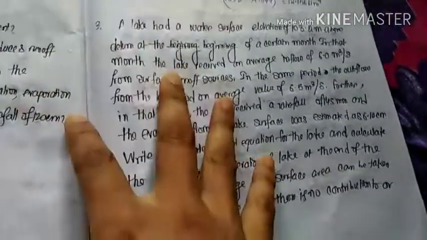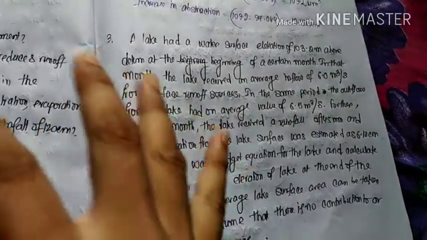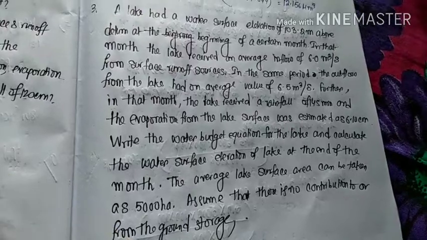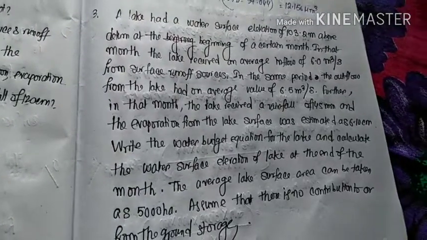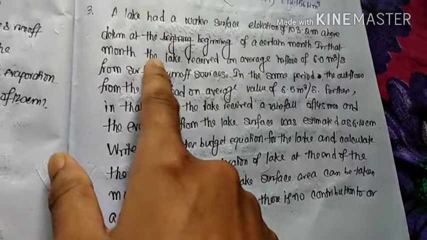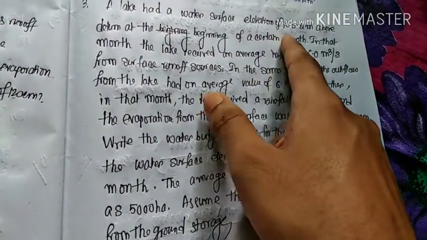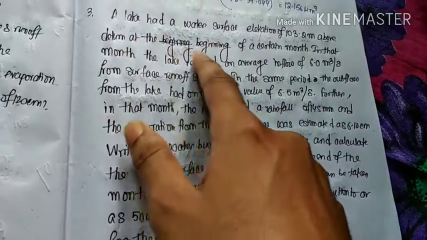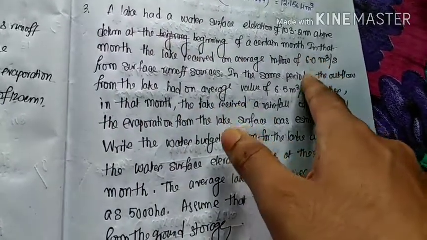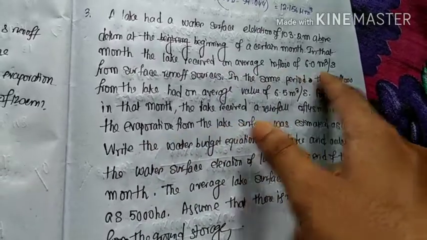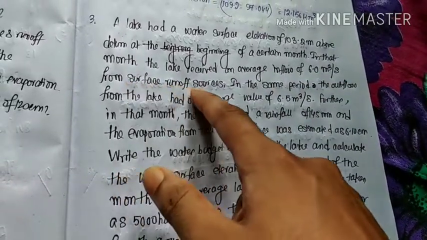This is our third question, and please firstly read the question carefully, then answer them. A lake had a water surface elevation of 103.2 meter above datum at the beginning of a certain month. In that month, the lake received an average inflow of this from surface runoff source.